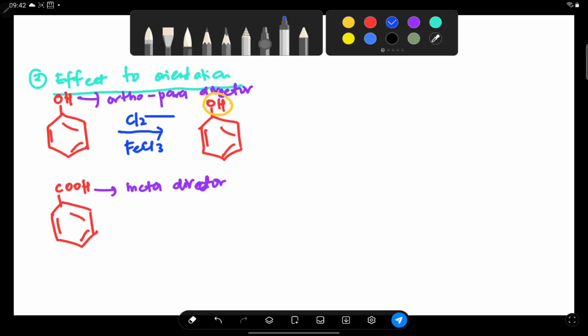So it will direct the orientation, or the location, of Cl to the ortho location, and another one to the para location. That's why it is called an ortho para director, because it directs the location of Cl to ortho and para.